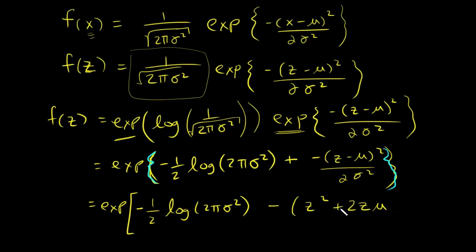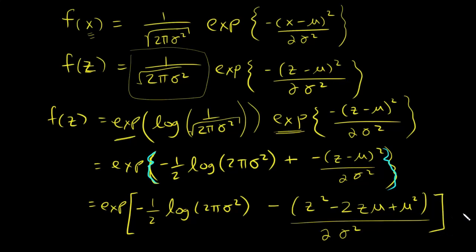And that would be a minus sign because of this minus here, not plus. Let me change that: minus 2 z mu, and then plus mu squared, all that over 2 sigma squared. All right, so now let me distribute that negative sign.